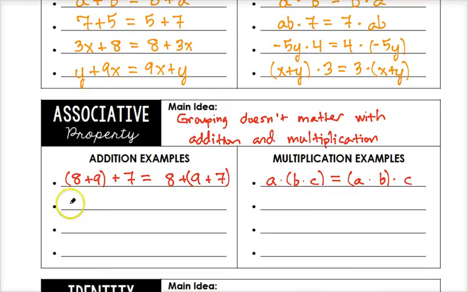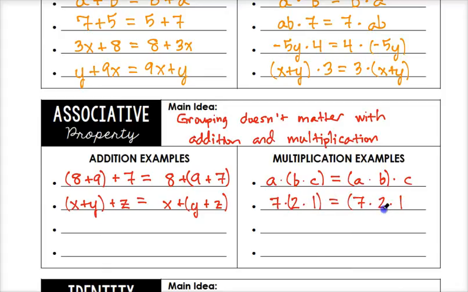A few more examples. I could take the quantity x plus y plus z, and then if I change my grouping and put my parentheses around y plus z, I still get the same answer. I could take 7 times 2 times 1 and group my 2 times 1. I would get the same answer as if I grouped 7 times 2 on the other side of the equal sign.